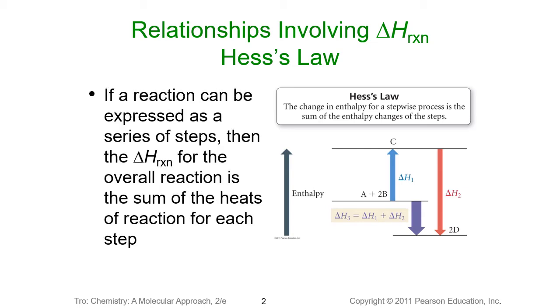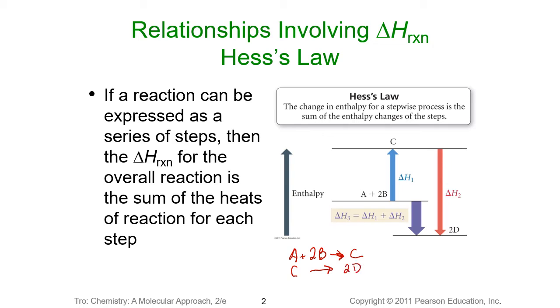So in our example, we have A plus 2B giving us C, and then C breaks down to give 2D.